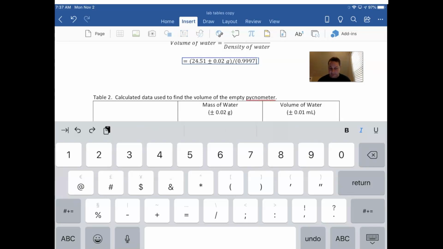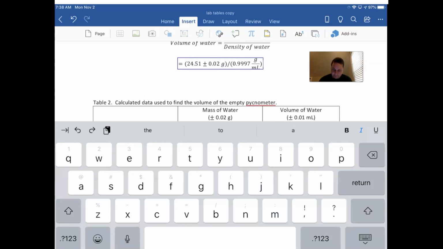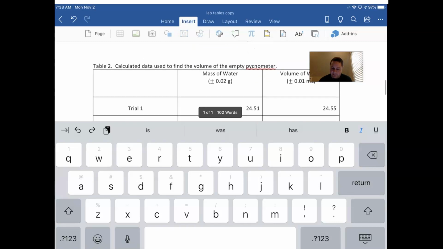But you should really put in the exact density of water there, and I'll put in grams divided by milliliters. Space. Once I hit the space bar, it already knew how to organize stuff. And if I get my equal sign in there, and then I'm going to put in my number here. It looks like my number is 24.51.